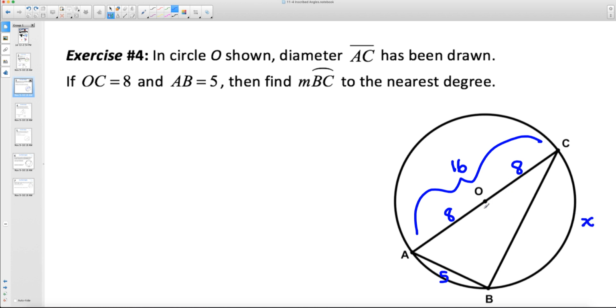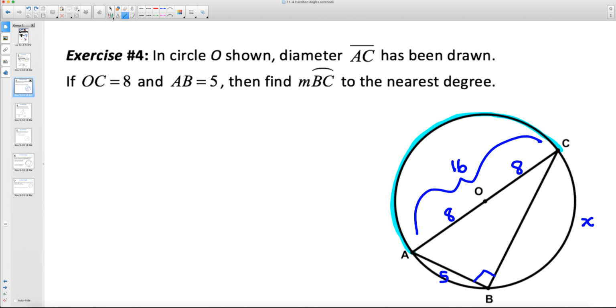Okay, let's think about this. This is a right triangle because angle B is inscribed in a semicircle. Here's our semicircle. AC is a diameter. AC cuts it in half, so arc AC has to be 180 degrees, which makes this 90 degrees. We want to find the measure of arc BC.